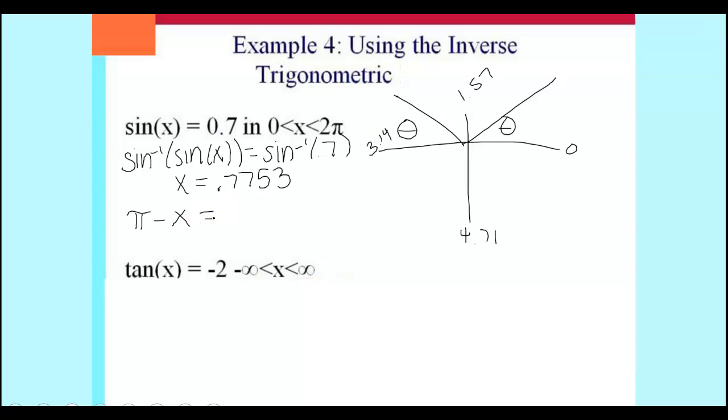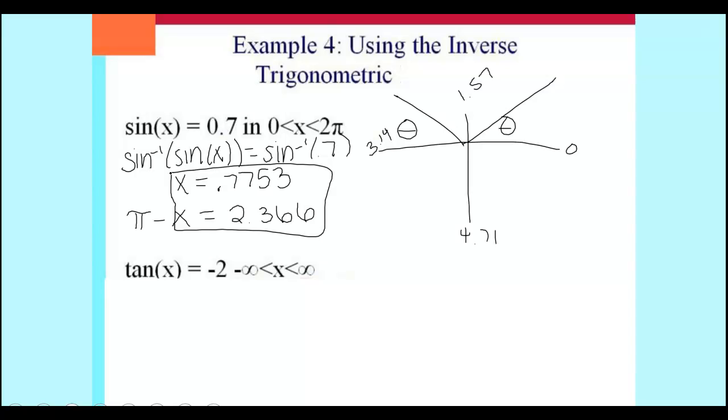So you take pi minus that 0.7753 number, and we get 2.366. Those are the only two values with which this can occur from 0 to 2 pi.